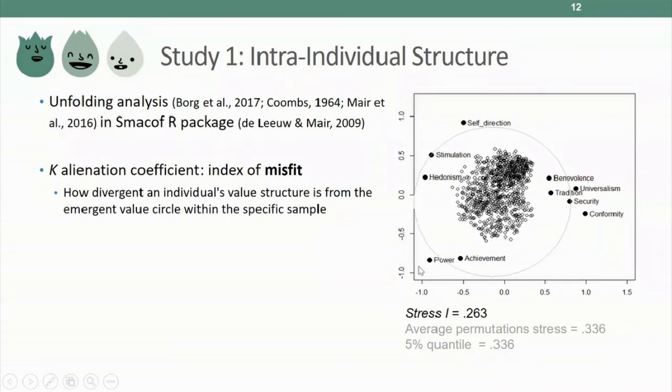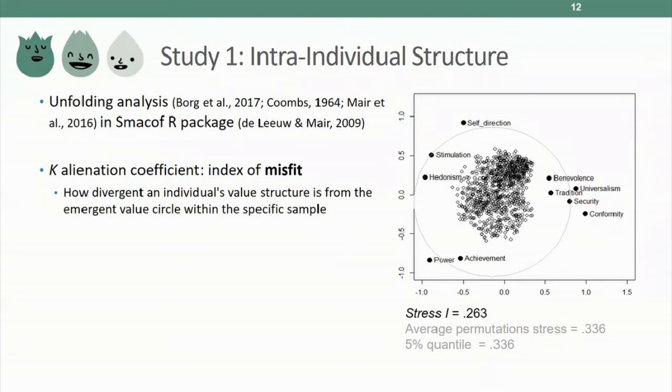Some people are very well portrayed by the circle. Their values adhere to the circle very well. Others, in order to push them into the circle, the algorithm had to make compromises. It's not a very good representation of their values. So the higher the K, the less the child fits the circle.